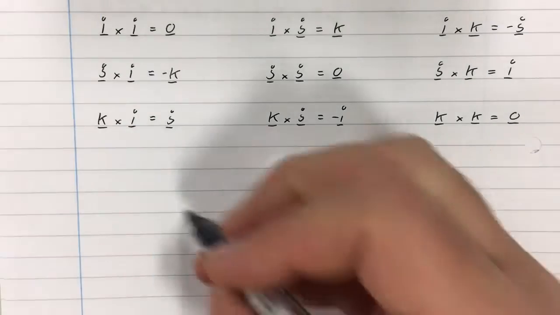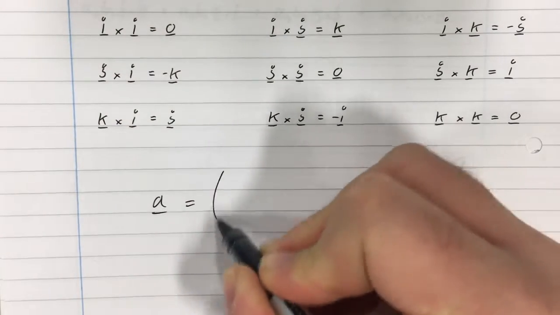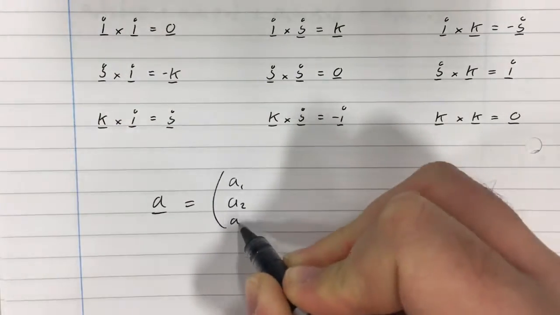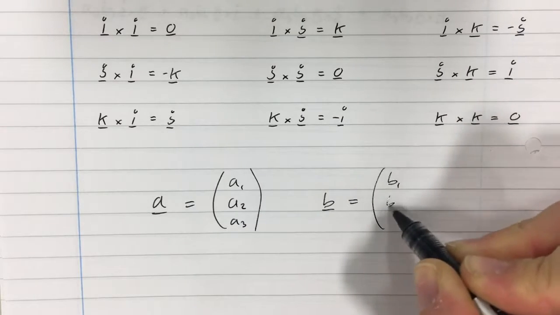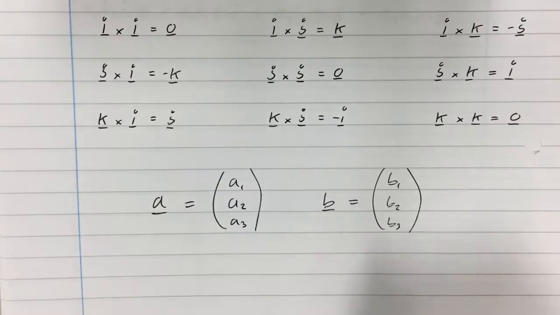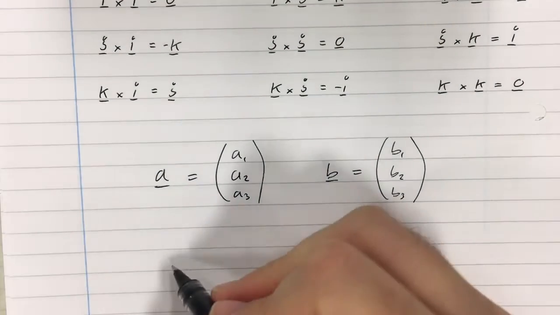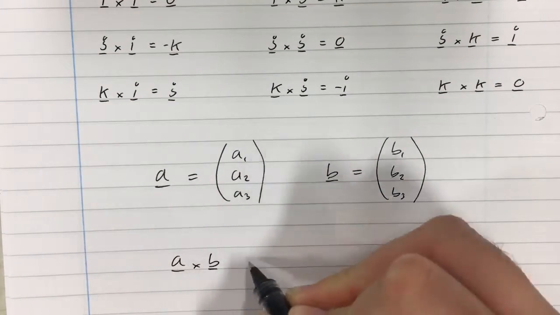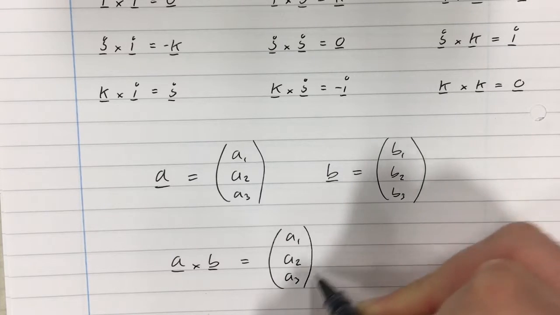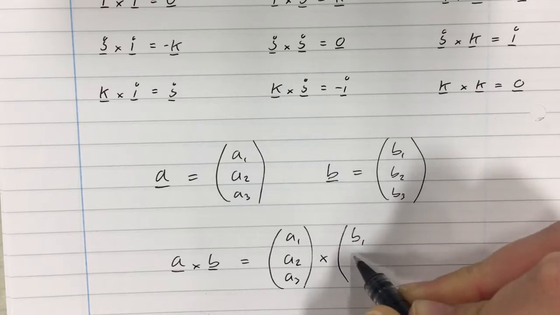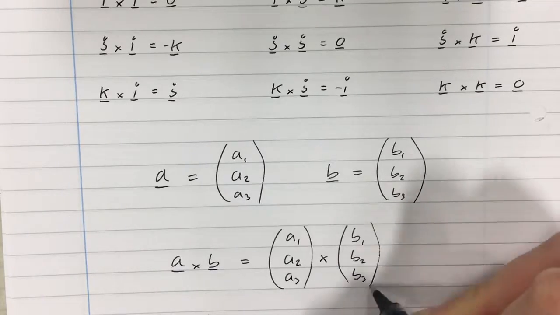So let's take a general case then. Vector a is going to be a1, a2, a3, and vector b is going to be b1, b2, b3. What we're going to do is cross product these together, so it's going to be a cross b, which is equal to a1, a2, a3 cross b1, b2, b3.